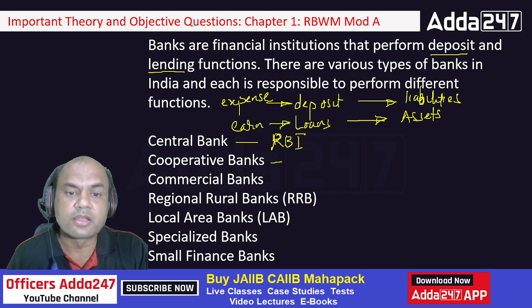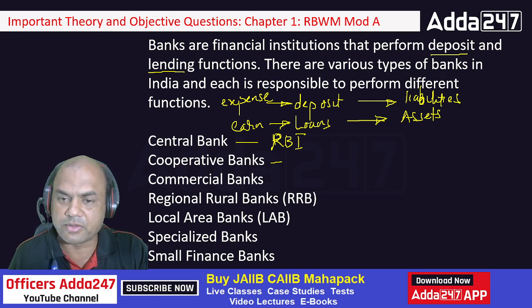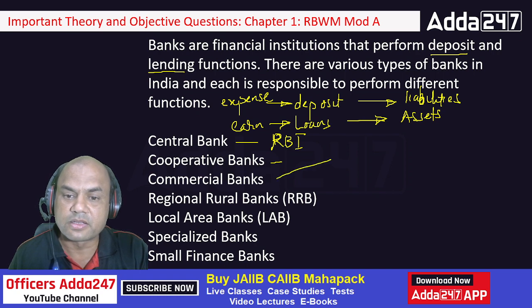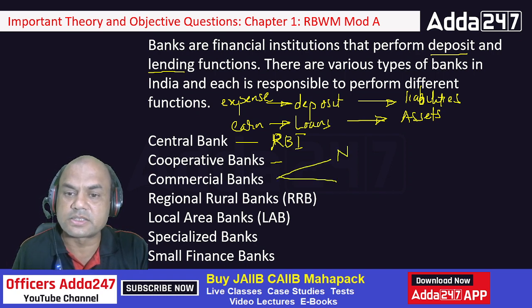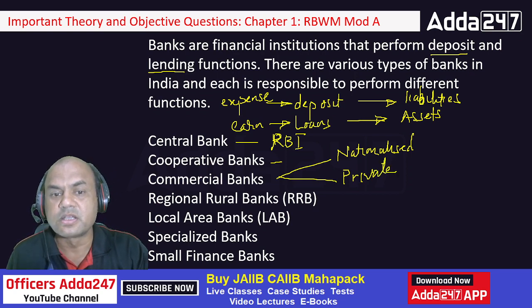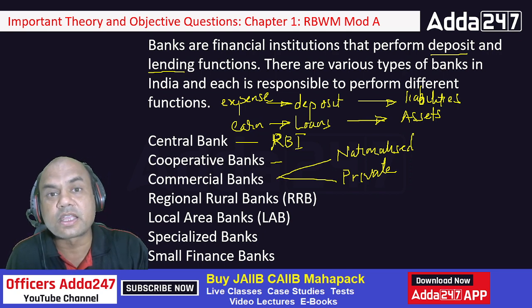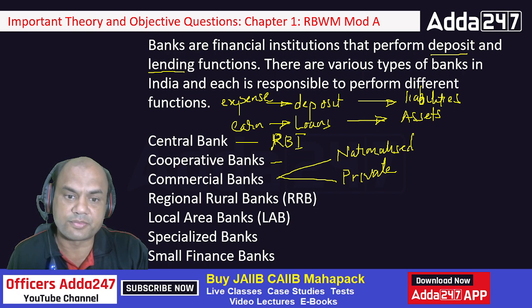Then there are commercial banks. Commercial banks are of two types, always remember. One is nationalized banks and second is private banks. These are the two types of commercial banks. Commercial banks are limited by shares, which means they can be traded in the stock market.